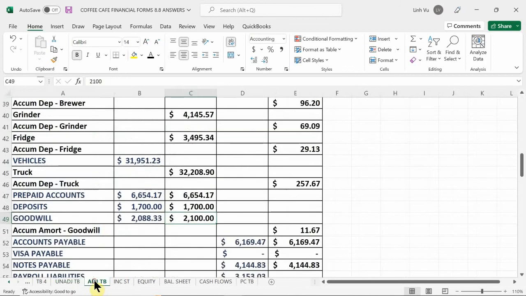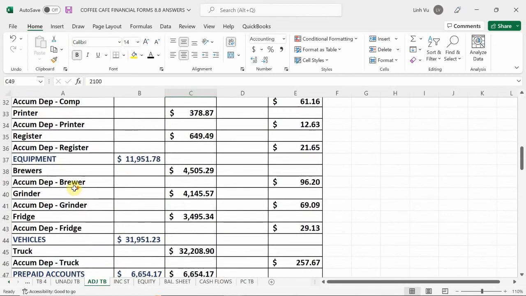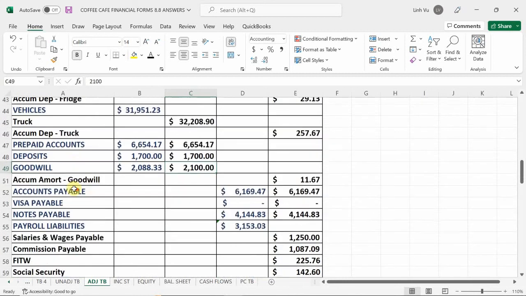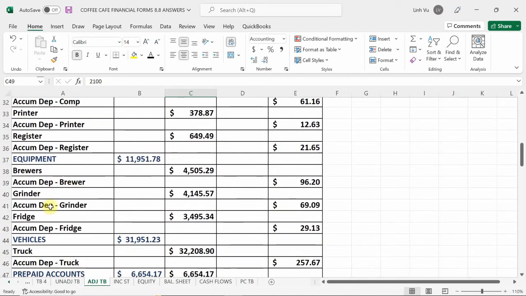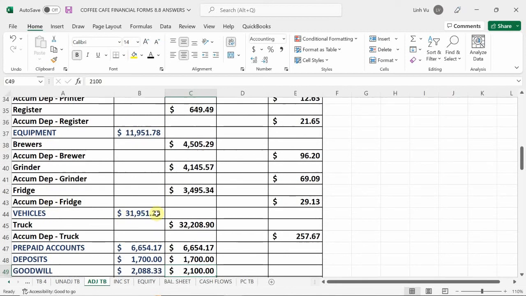Because if I look at my adjusted trial balance, let's do the vehicles for example. My vehicles includes the purchase of my vehicle minus out the depreciation. And depreciation is considered a non-cash transaction, because I never spent the money.